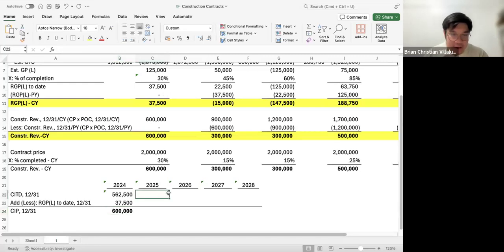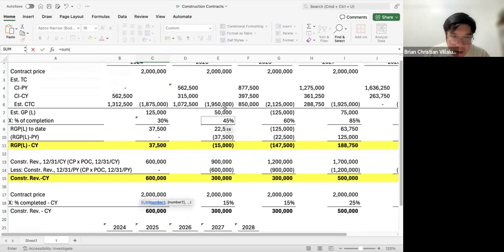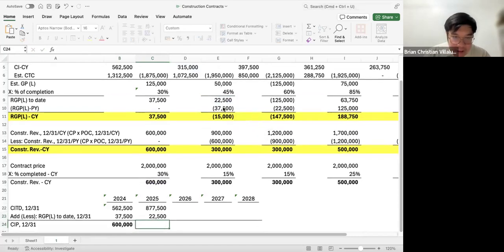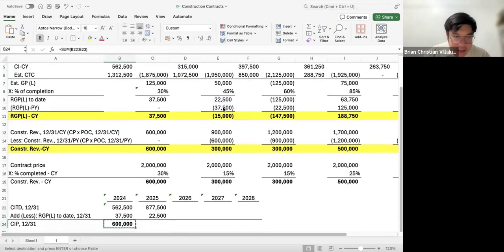2025. Cost incurred to date. Kukunin mo ulit yung CICY at CIPY niya. Ito yon, di ba? Tapos, RGP or loss to date, nasaan ka? 22,500. So, CIP December 31, 2025 is 900,000. Ganun lang.